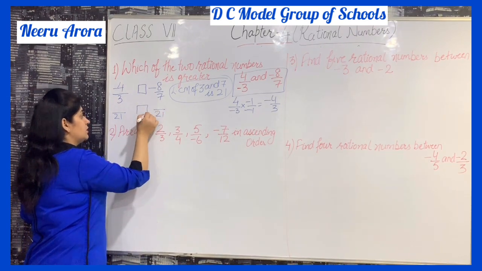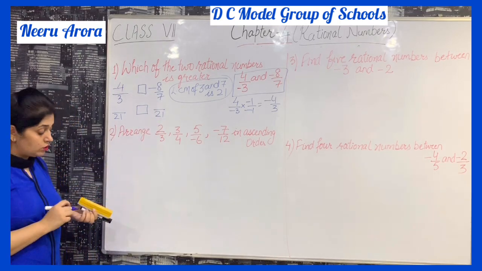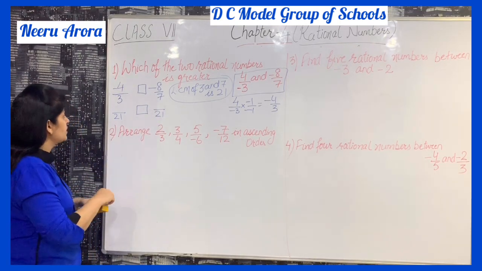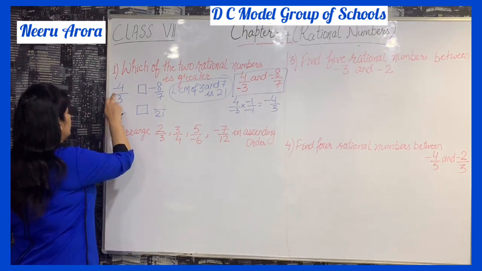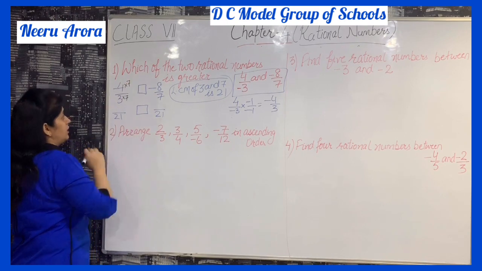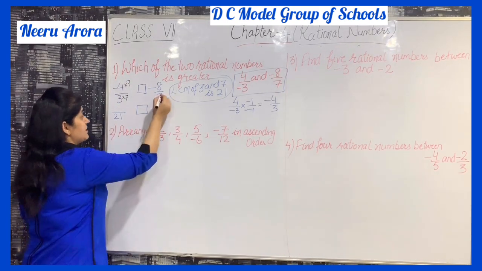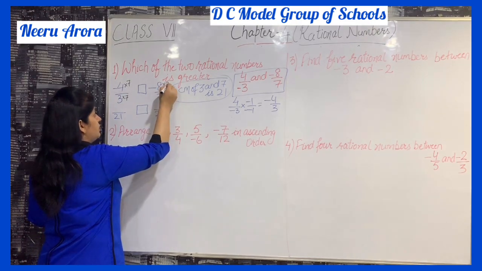We want both rational numbers to have denominator 21. So for this, we will multiply the first term's numerator and denominator both by 7, and the second by 3.